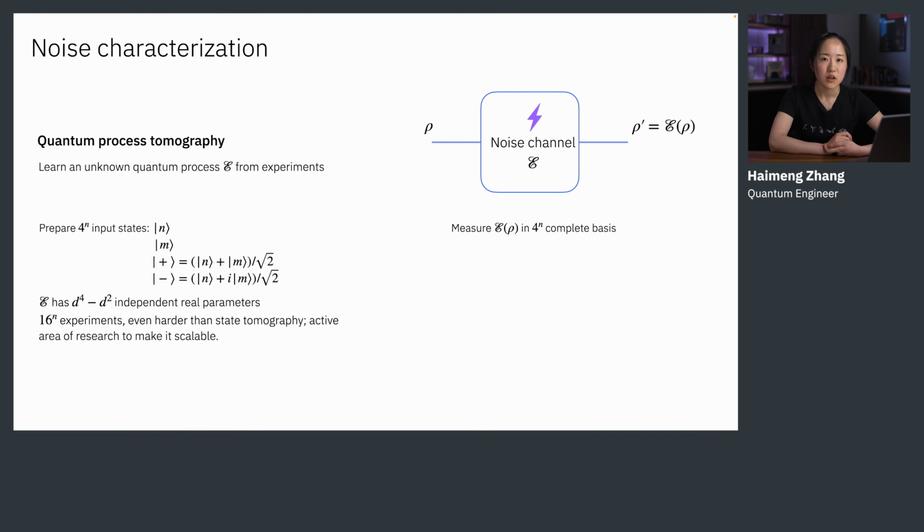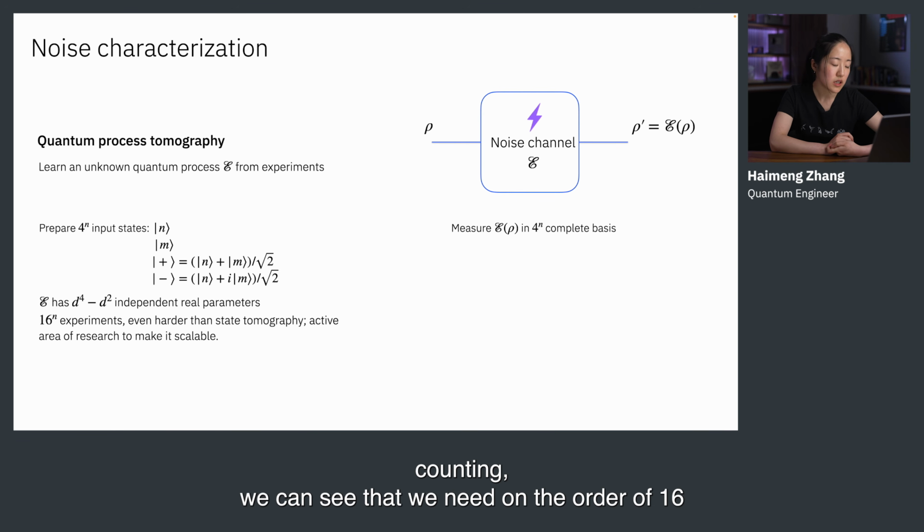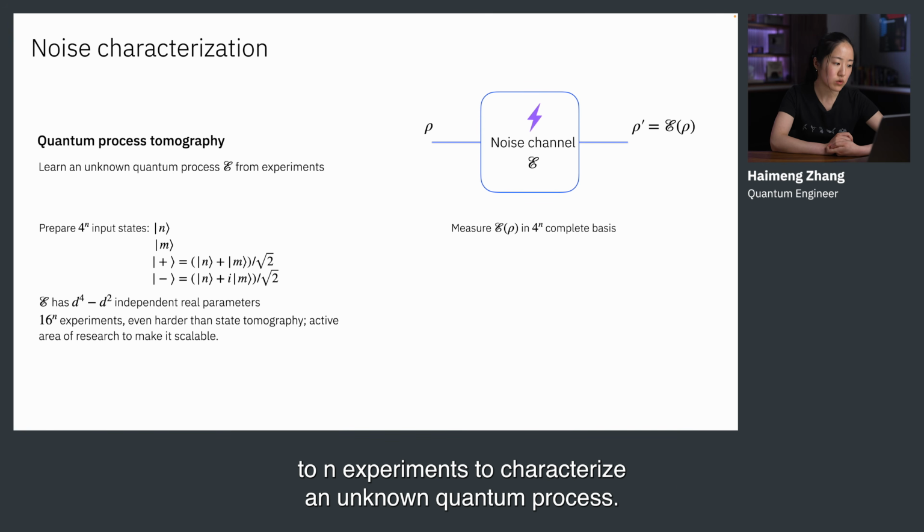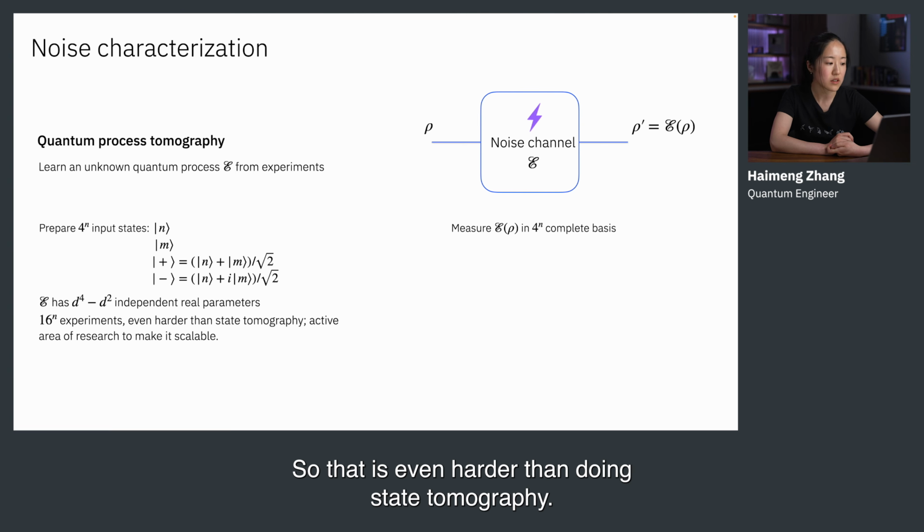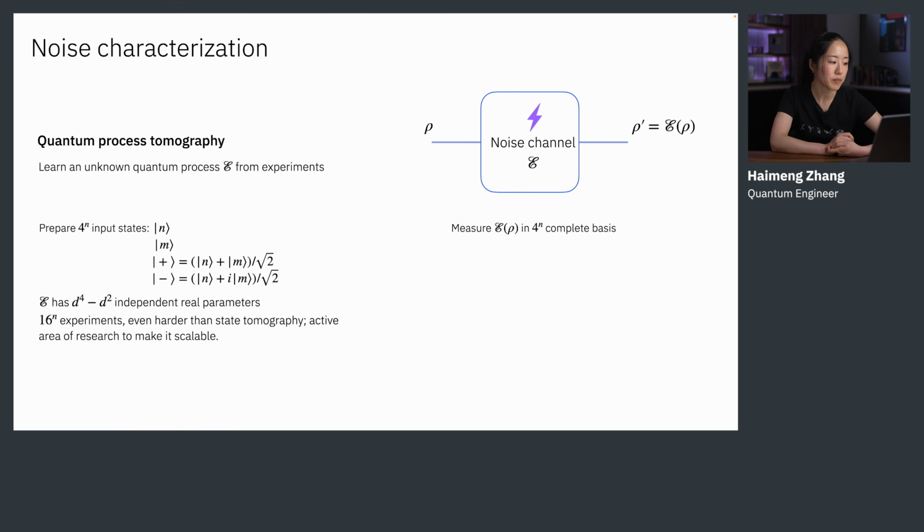By this simple counting, we can see that we need on the order of 16^n experiments to characterize an unknown quantum process. That is even harder than doing state tomography. It has been an ongoing research topic to make this scalable. But from this, we have learned that characterizing a process in general is quite costly.